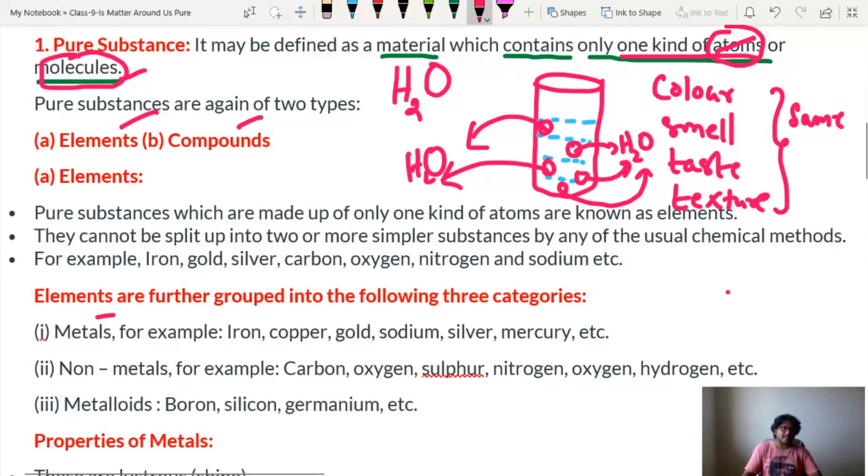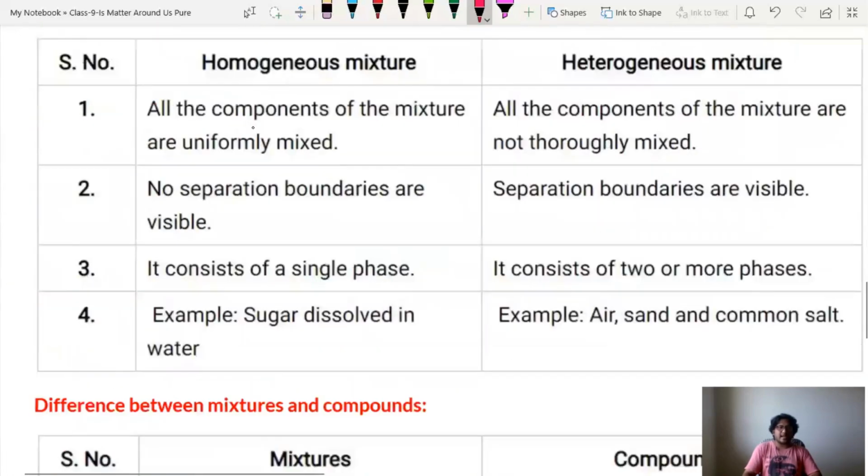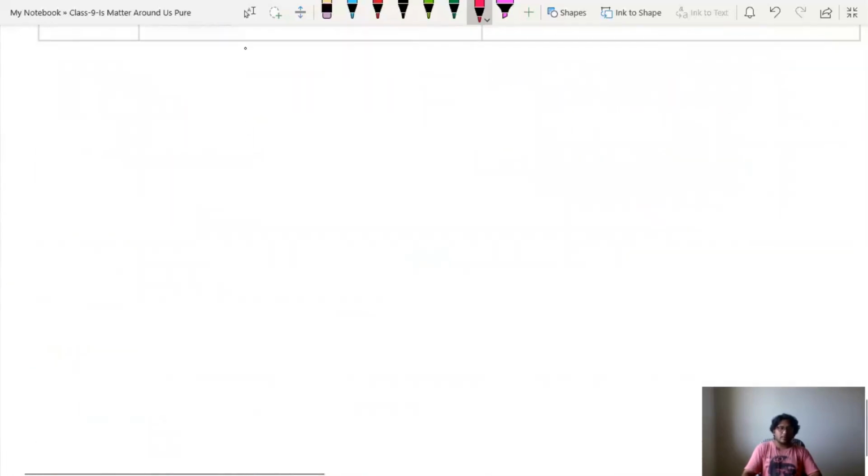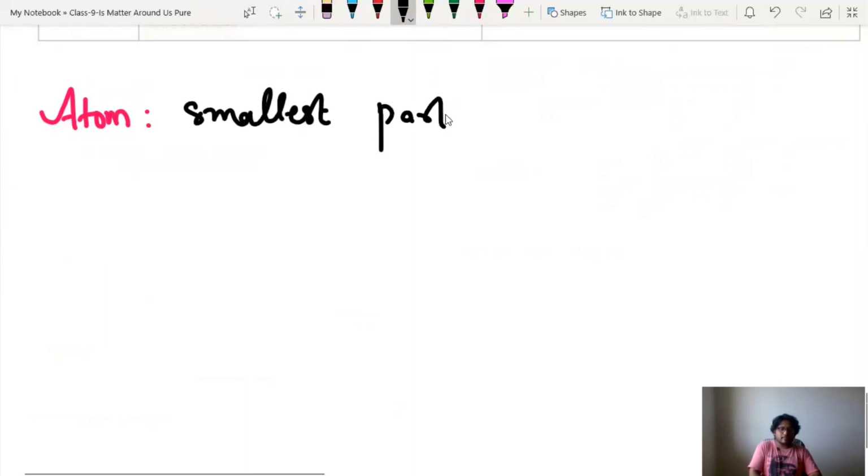Let us try to understand what is atom, element, compound, etc. First, let us define atom. Atom is the smallest particle which cannot be divided further.